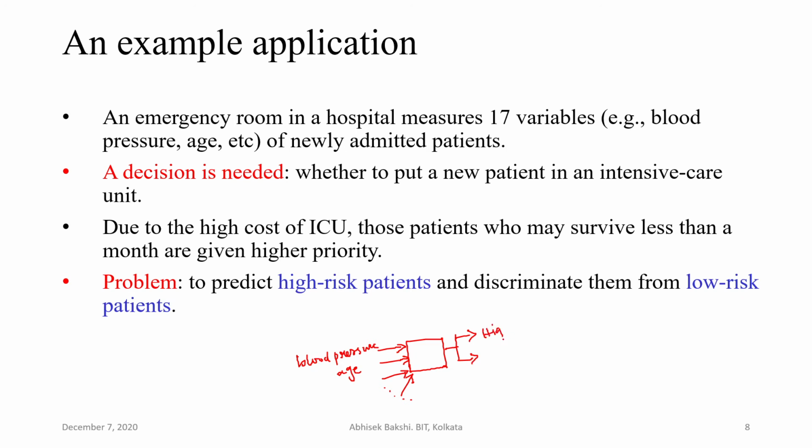One, it will be high risk, and the other will be low risk. So considering these 15 various inputs, the machine can say this patient has a high risk, so he should be admitted to ICU, or the patient is in low risk, so he or she doesn't need any ICU.